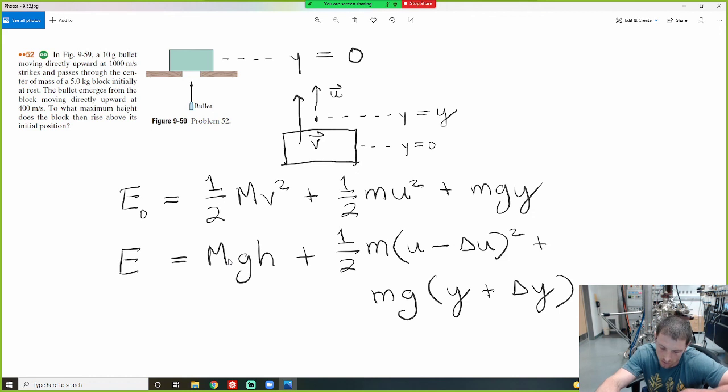But notice that this is introducing a lot of variables that we don't really even know the value of. Like I said before, we don't know what this is.